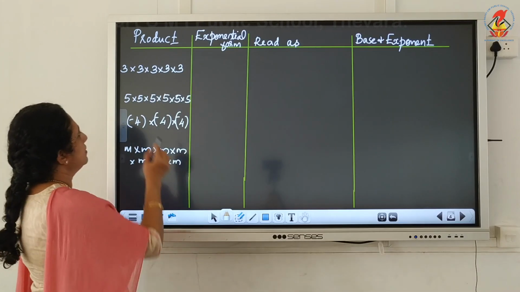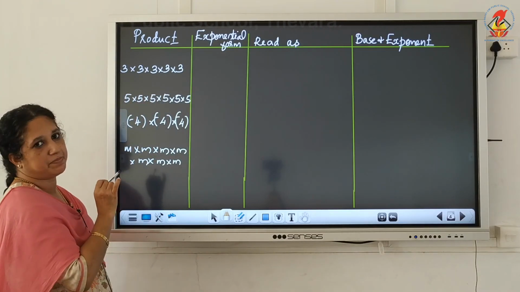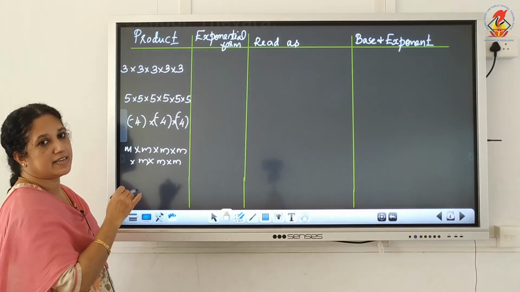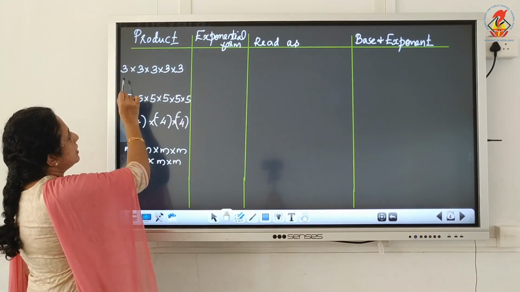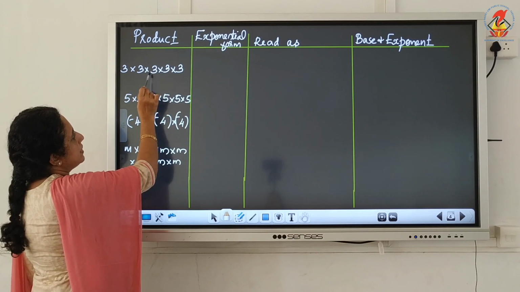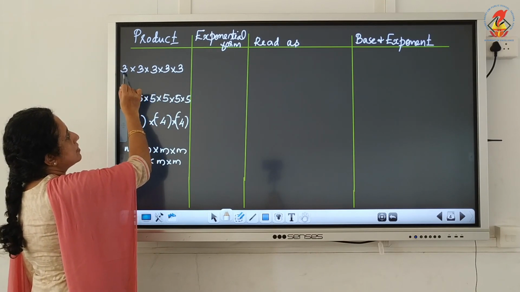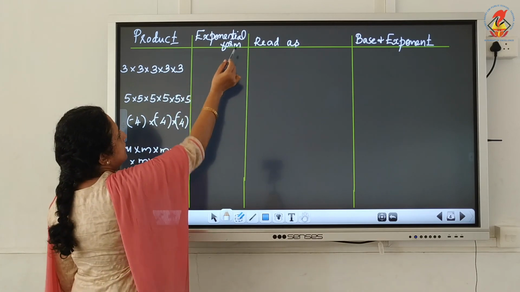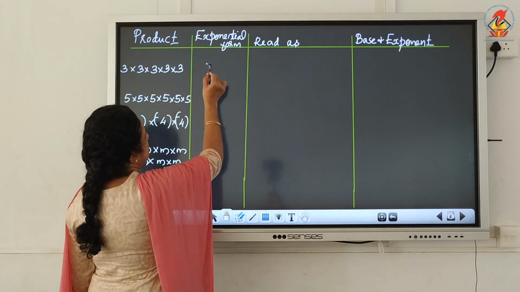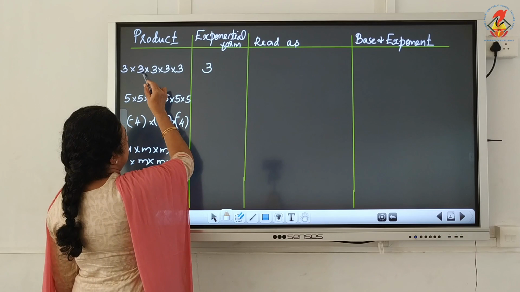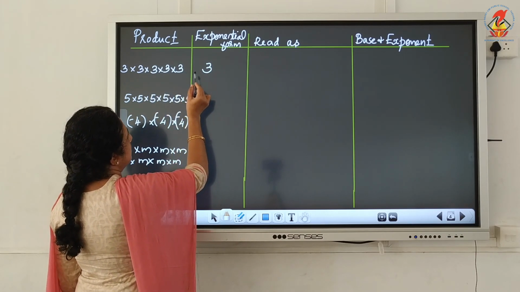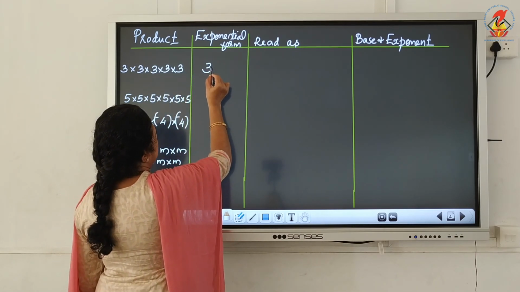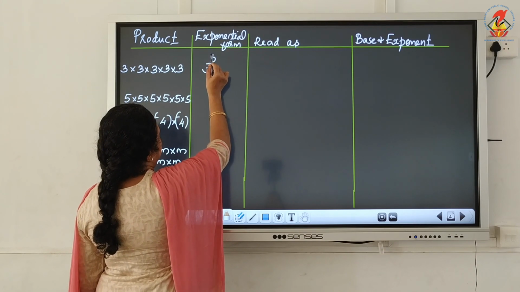Now look at that. The products are given. Now we have to write them in the exponential form. The number 3 is multiplied by itself. How many times? 1, 2, 3, 4, 5. 5 times. So how can we write it in the exponential form? First you write 3. Then how many times is it multiplied? 5 times. Therefore, on the right hand side up, write 5.